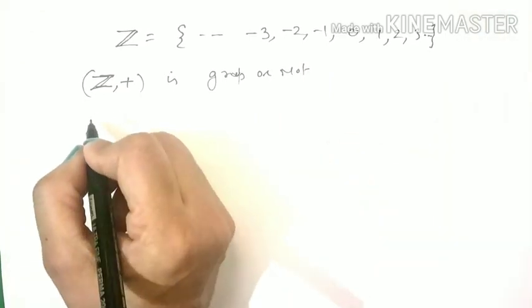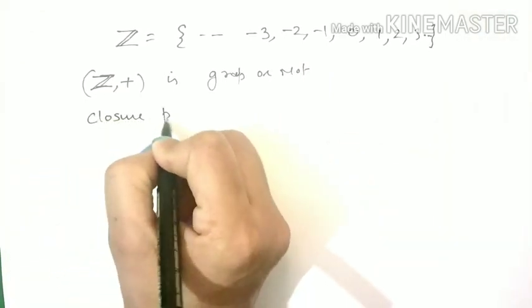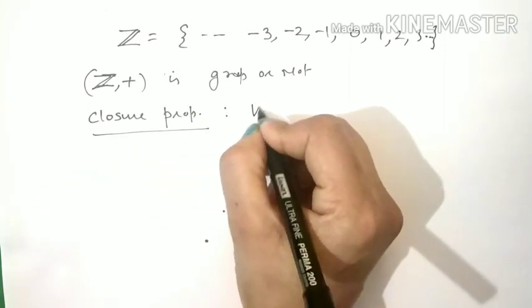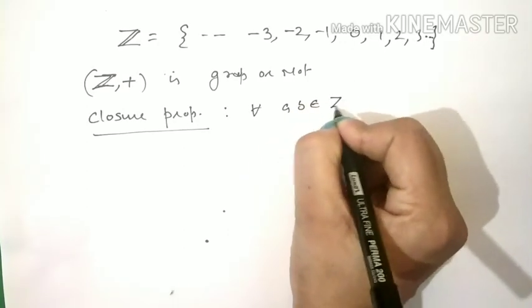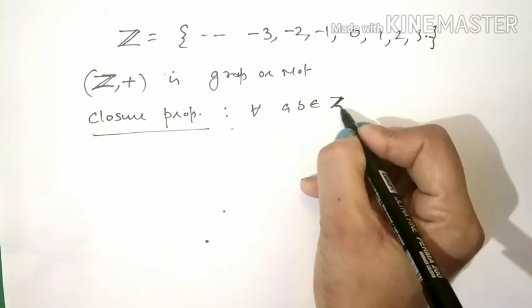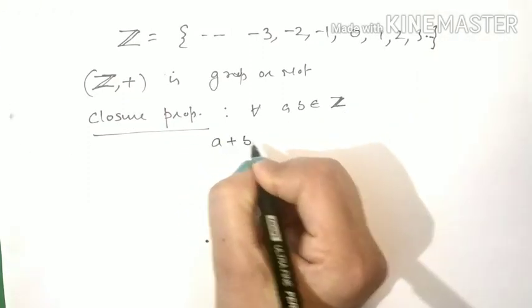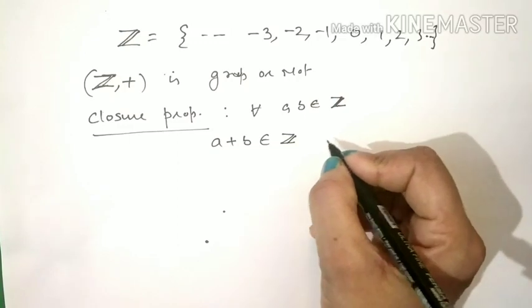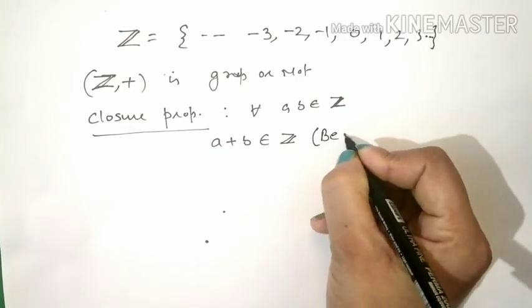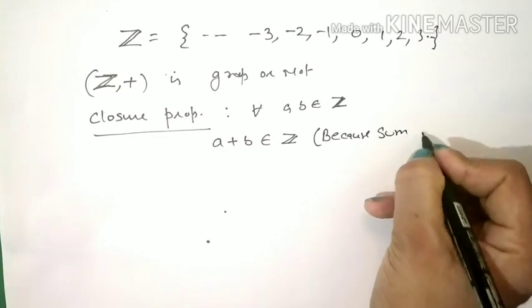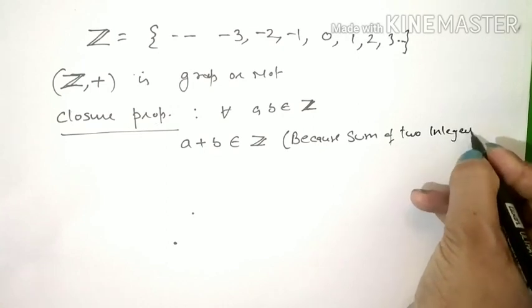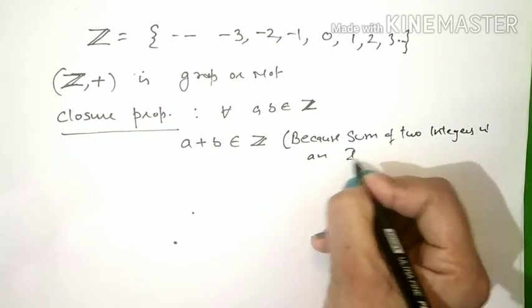So first of all, the closure property. We'll see that for all a, b belongs to Z, their sum belongs to Z, because the sum of two integers is always an integer. You can write it here, because the sum of two integers is an integer.